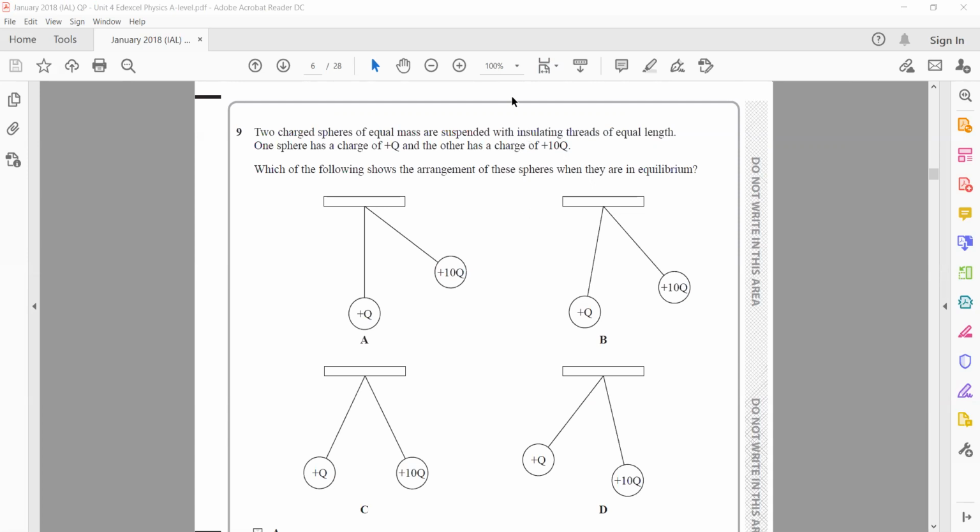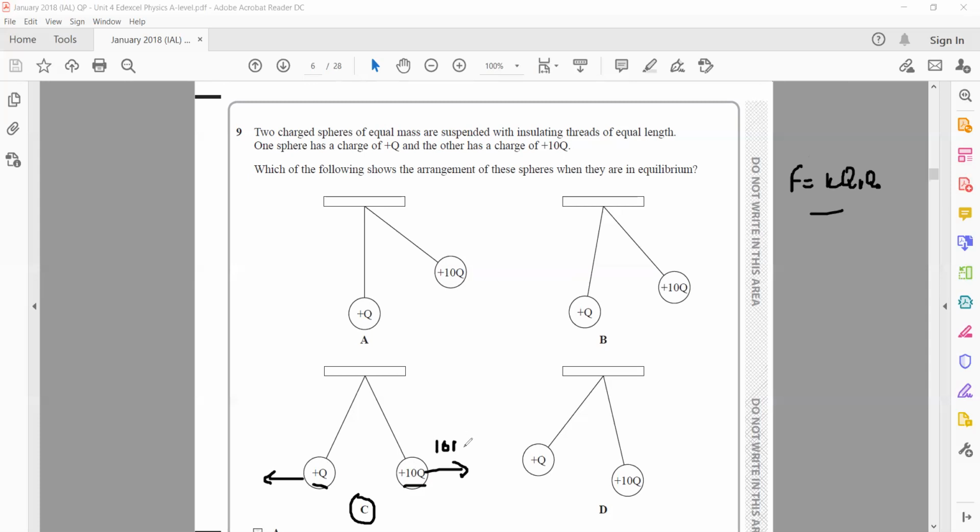The correct answer is C. Why is the correct answer C? Even though this is a 10 coulomb charge and this is a 1 coulomb charge, the force between them is the same, because the formula is F is equal to K Q1 Q2 over R square. So the force experienced by the 10 coulomb charge is the same as the force experienced by the 1 coulomb charge.